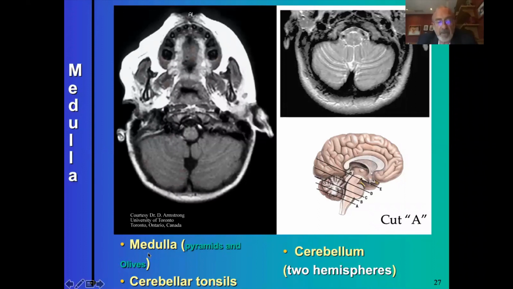Finally, I want to talk a little bit about the pyramids and olives. Right within this area, we can see them as landmarks. You have two important areas. The olives are just a motor nuclei, but right along the anterior portion over here, you have two small areas, best seen on a cadaver slice of the brain, little gray structures, and these are called pyramids. And they're going to be responsible for a process called decussation.